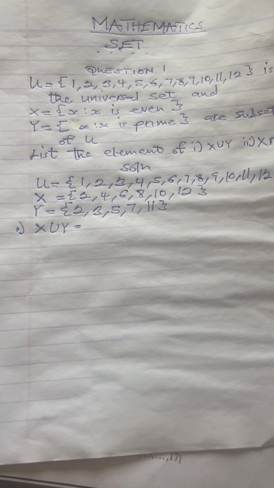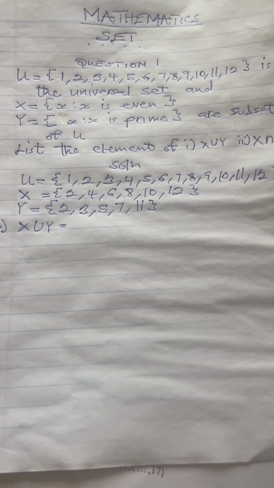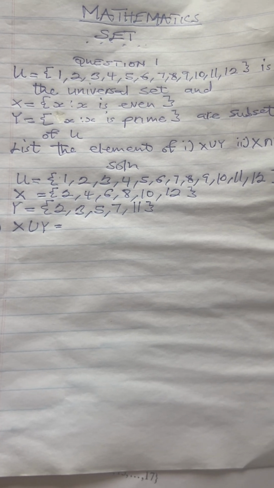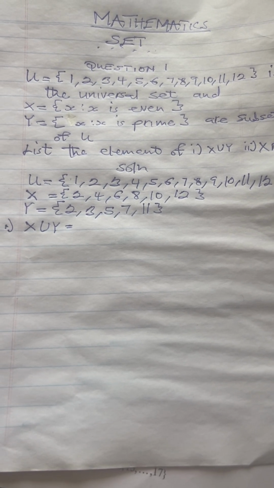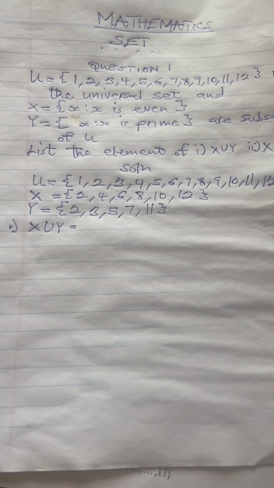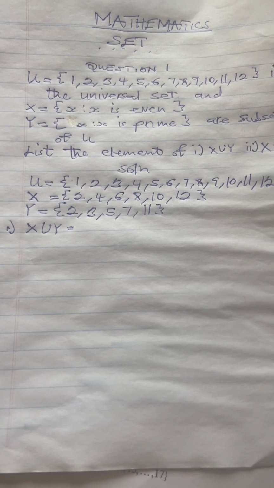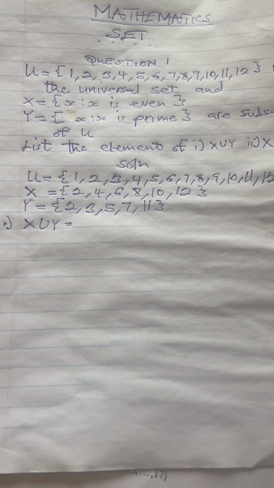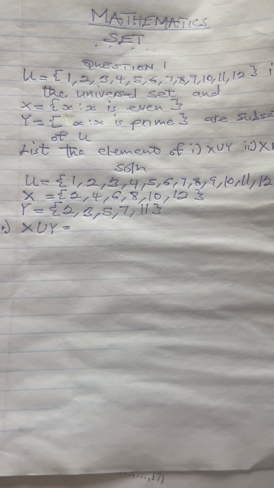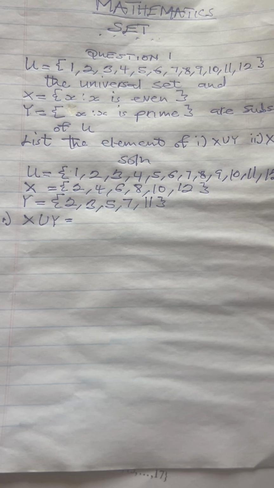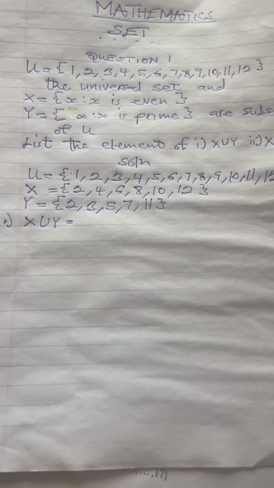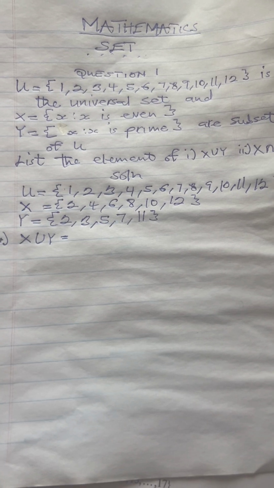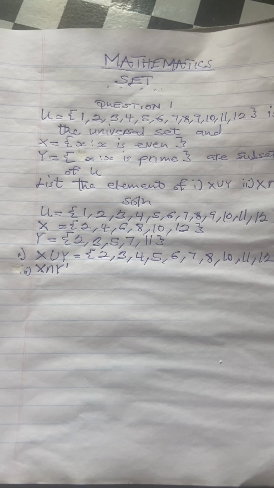So you are just summing up the elements in both X and Y. If you have 2 in X and 2 in Y, you write only one of them. But if you don't have 3 in X but you have 3 in Y, you write it. So you are summing up, right?